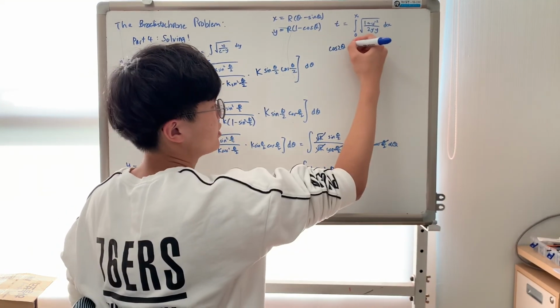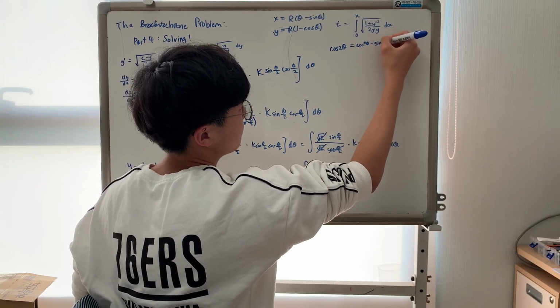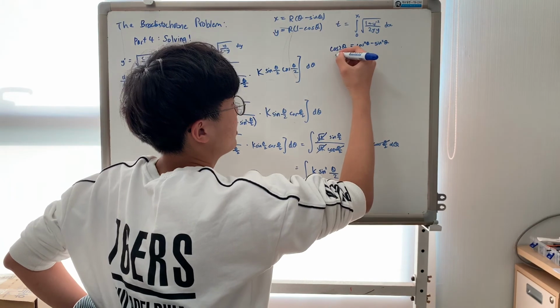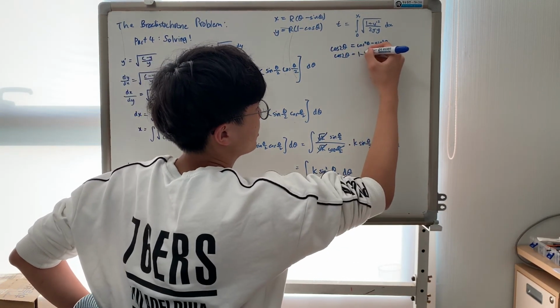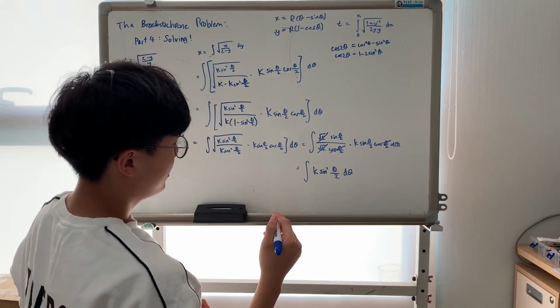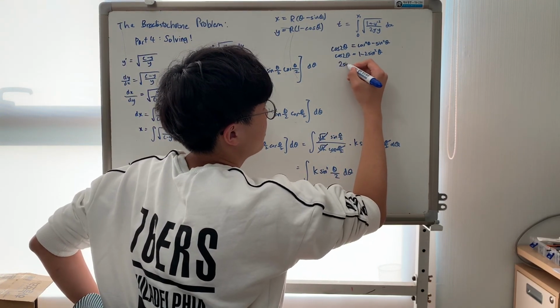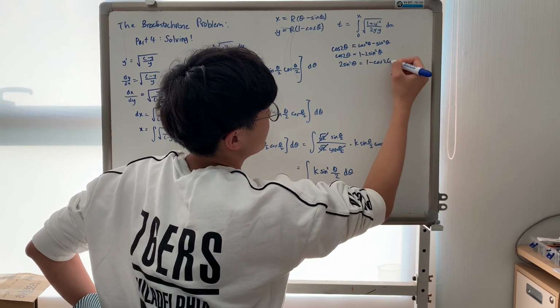Cosine of 2 theta is equal to cosine squared theta minus sine squared theta. And because we're going to deal with sine theta, we could say that cosine 2 theta is equal to 1 minus 2 sine squared of theta. And then 2 sine squared theta is equal to 1 minus cosine of 2 theta.